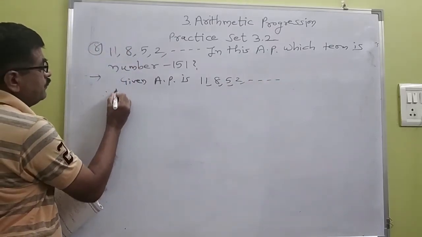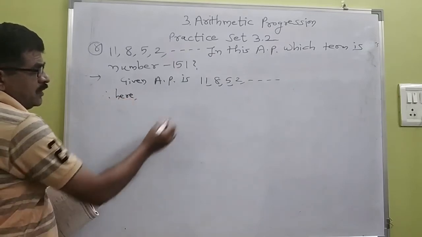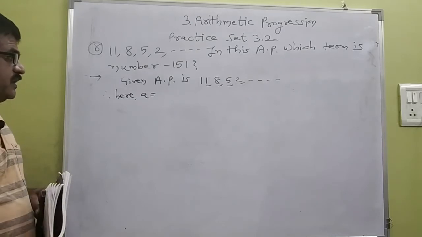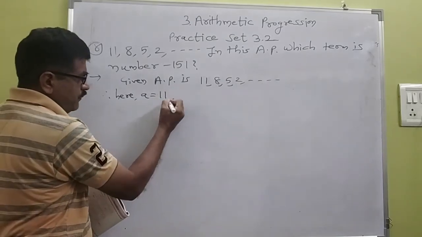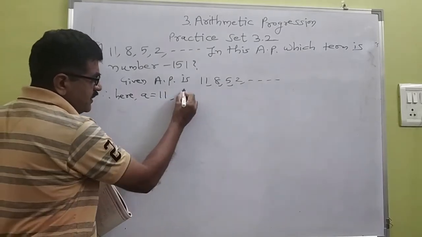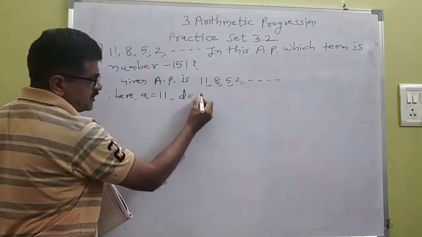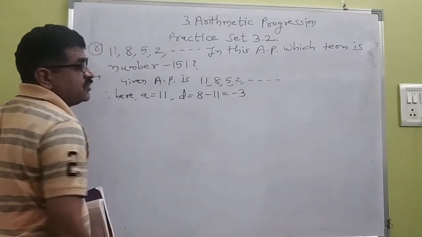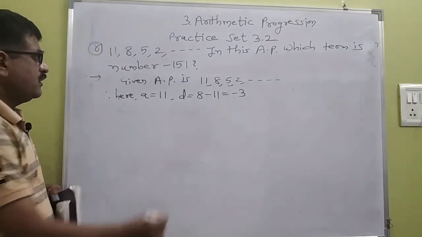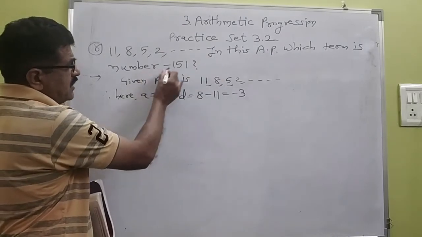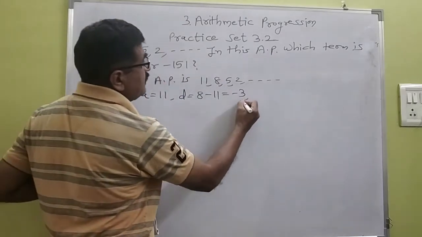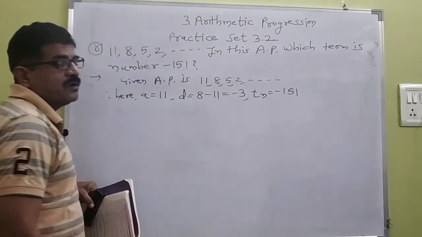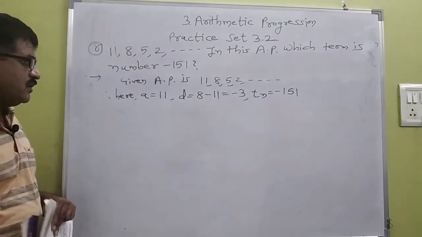Therefore here the first term A is equal to 11. Now the common difference D is equal to second term minus first term, that is 8 minus 11 is equal to minus 3. And we are given that Tn is equal to minus 151. We have to find the value of n.